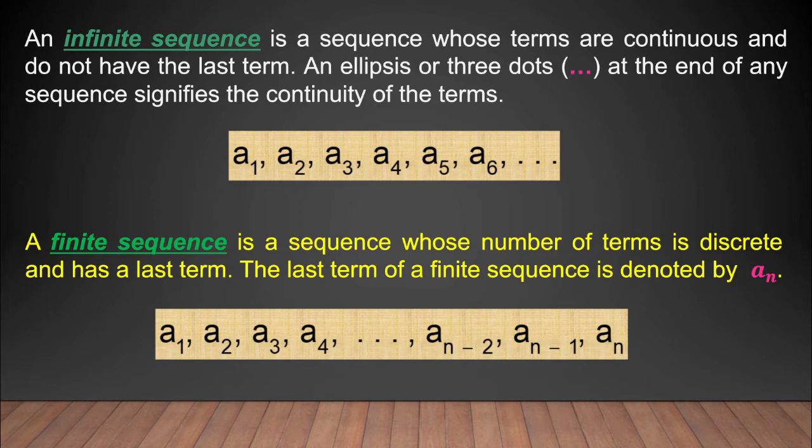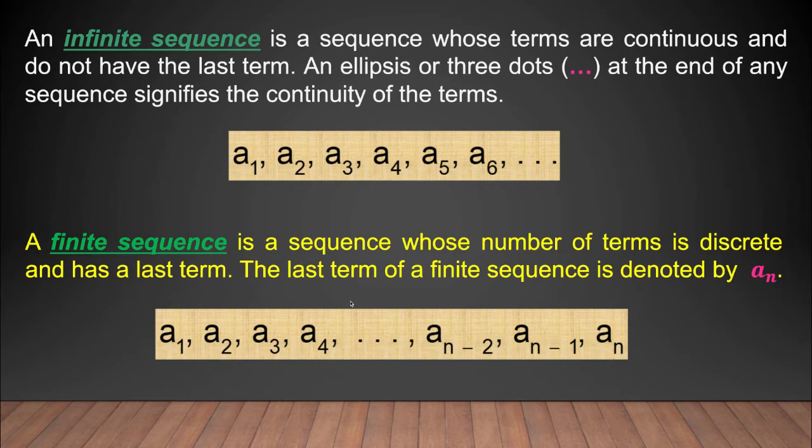Okay? Now, if your sequence, say for example, has 10 terms, then your last term for that sequence will be denoted by a sub 10. A sub 10 is also your a sub n. Okay? Now, what are the terms of a finite sequence?